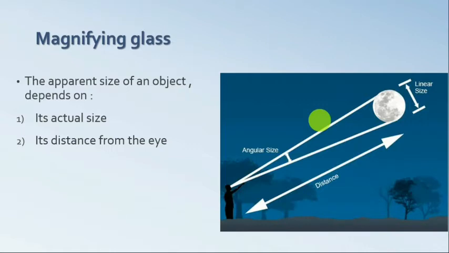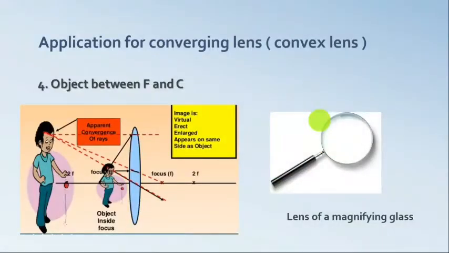Let's start. Yesterday, when we talked about lenses and the application of converging lens, we said we have a case when the object is between the principal focus and the center of the lens, it means that the object is very close to the lens.